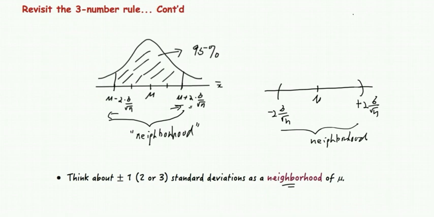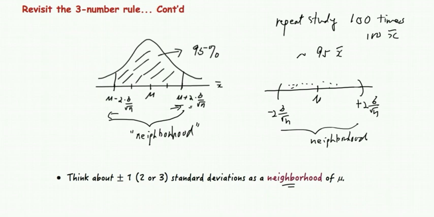Let's say we repeat our study 100 times. So we have 100 sample means. According to the three-number rule, how many sample means, roughly speaking, live in this +2, -2 neighborhood? Roughly speaking, 95 sample means live in this neighborhood.